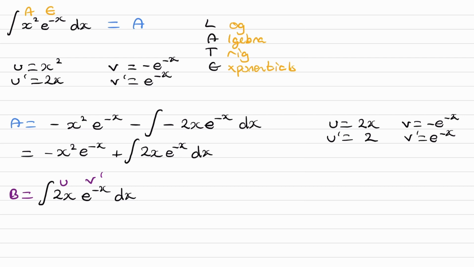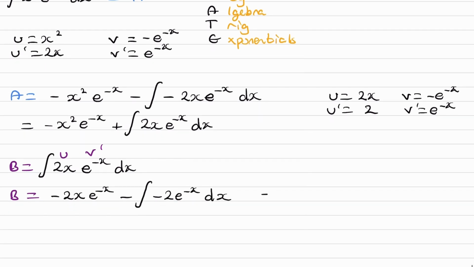Right, so then B would be equal to the integration by parts formula, u times v, that would be minus 2x e to the minus x, minus the integral of v u dash, which would be minus 2 e to the minus x, that's v u dash.